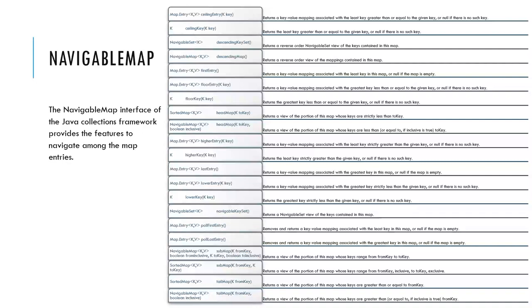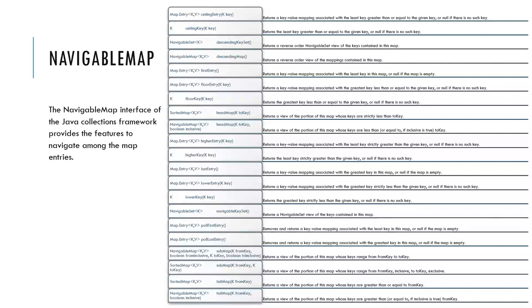We also have the navigable map interface. It's the child interface of the sorted map. It also provides navigation methods.